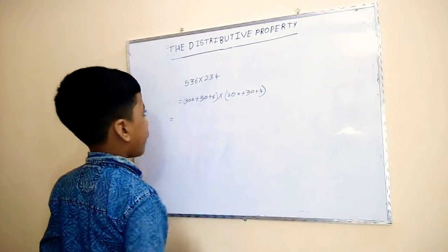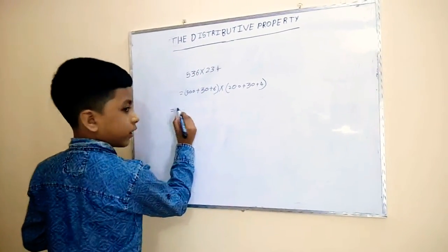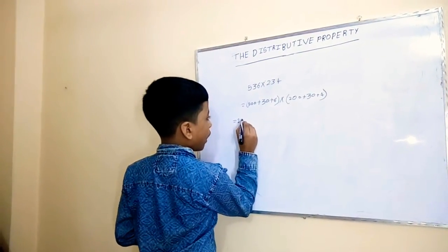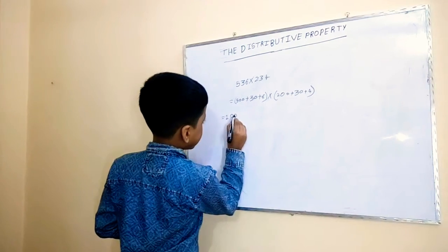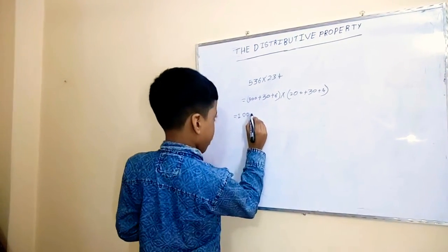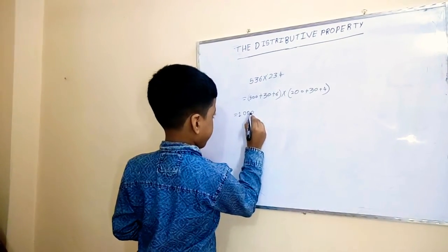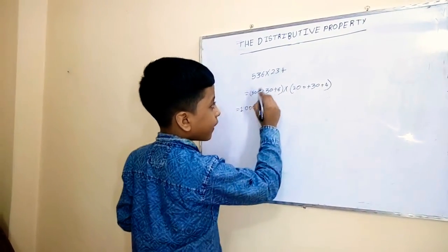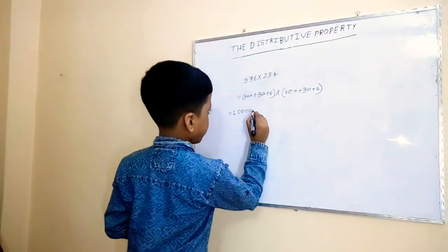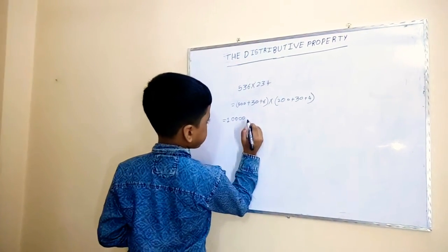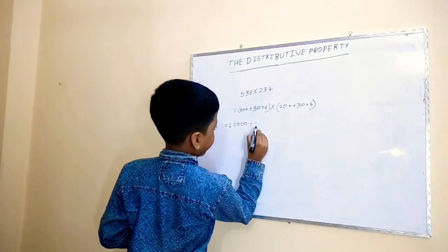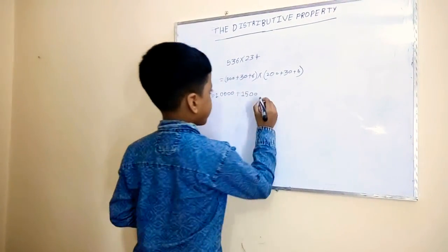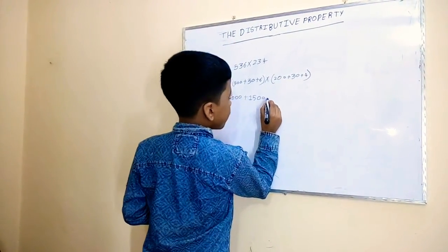So 500 times 200 will give me 100,000. And then 500 times 30 will give me positive 15,000. And then 500 times 4 will give me 2,000.